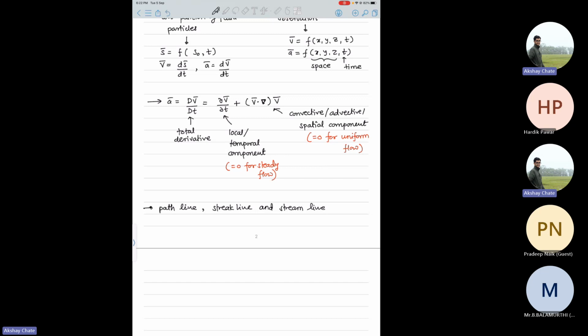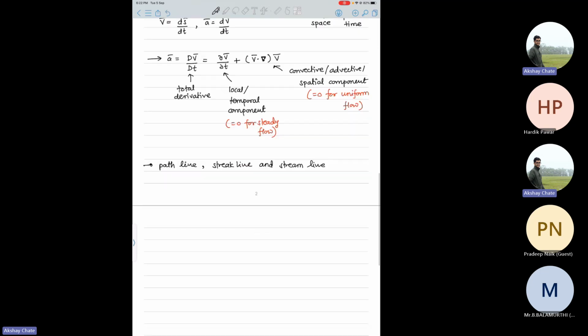So streak line is an instantaneous picture of all the particles that had passed through the nozzle tip. And streamline, we will talk about in more detail. I'll spend more time on streamline, but the other two definitions should be clear.